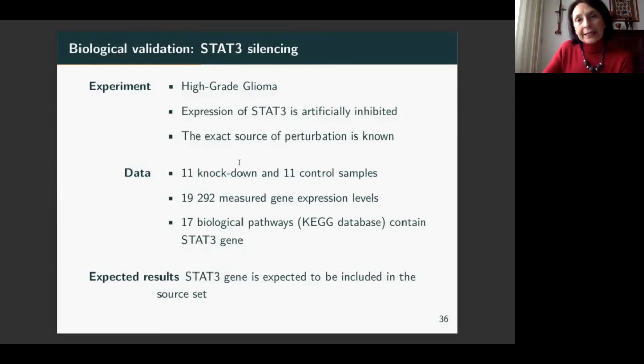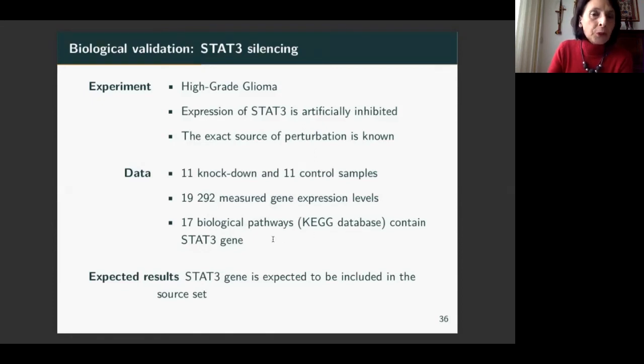So here we considered high-grade glioma, which is one of the most lethal brain tumors, where it is known that STAT3 is one of the master regulators. We have a silencing experiment with 11 knockdown and 11 control samples, about 20,000 genes measured, and 17 biological pathways containing STAT3.